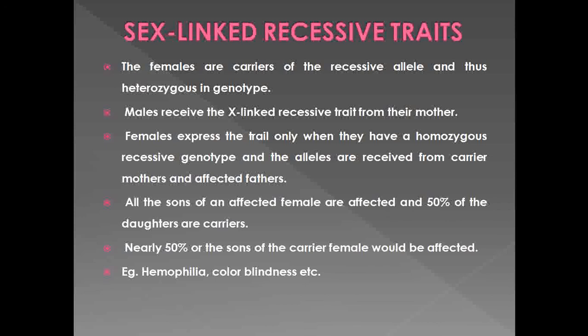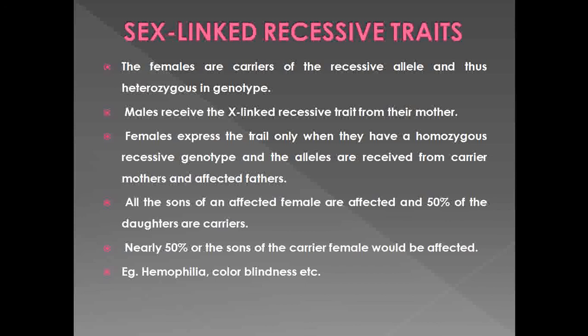Let us take the example of color blindness and observe the ratio of inheritance of that disease in males and females. Among 100 males, 8 males are affected by color blindness.